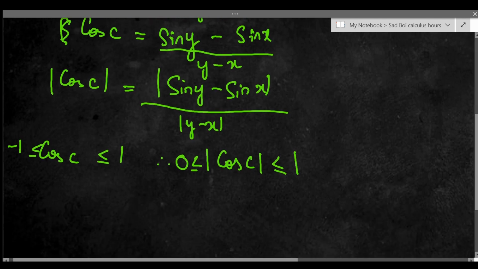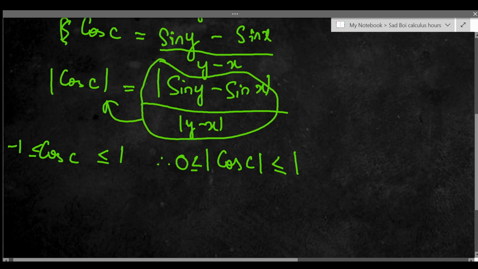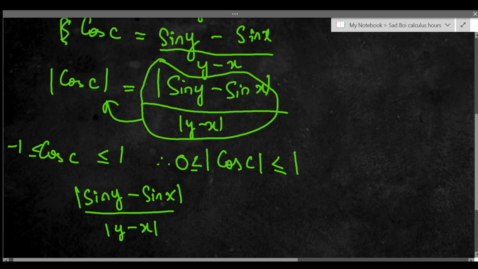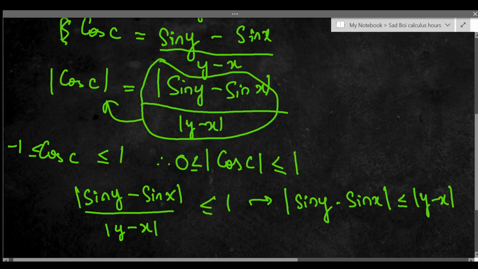Now, modulus of sine y minus sine x over modulus of y minus x, which is equal to modulus of cos c, is always less than or equal to 1. So sine y minus sine x in modulus is less than or equal to modulus of y minus x.